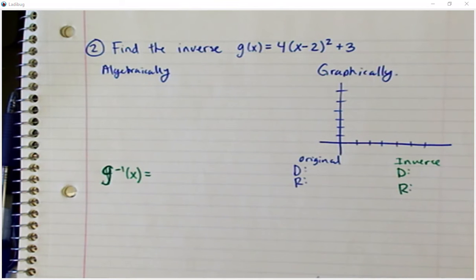So that comes out. So then, g of x equals, and then x minus 3 plus 2.